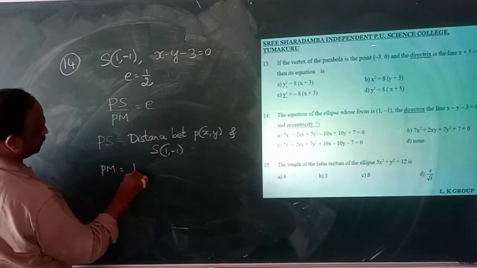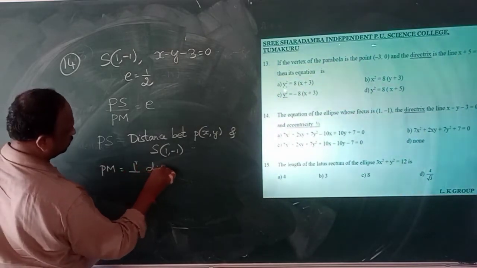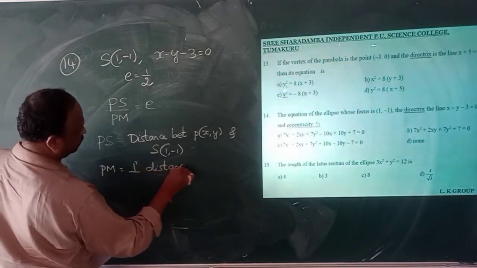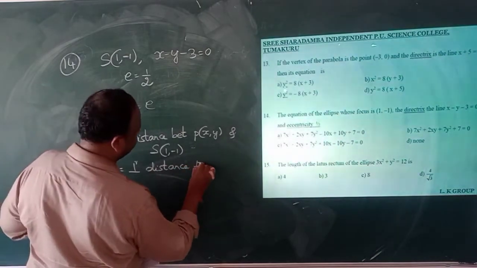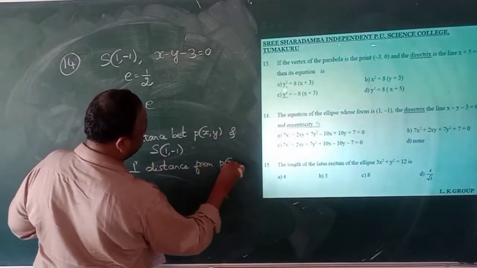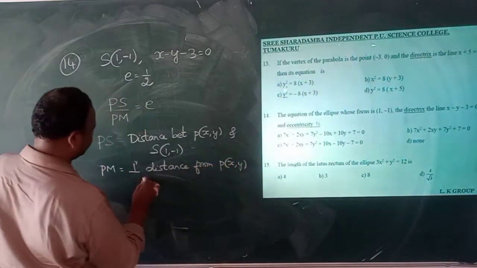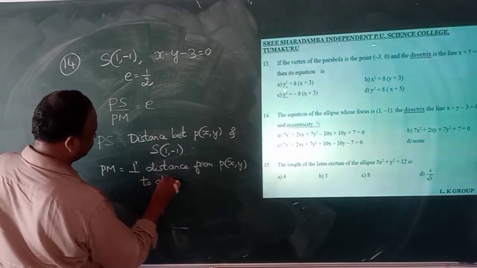PM is the perpendicular distance from P(x, y) to the directrix.